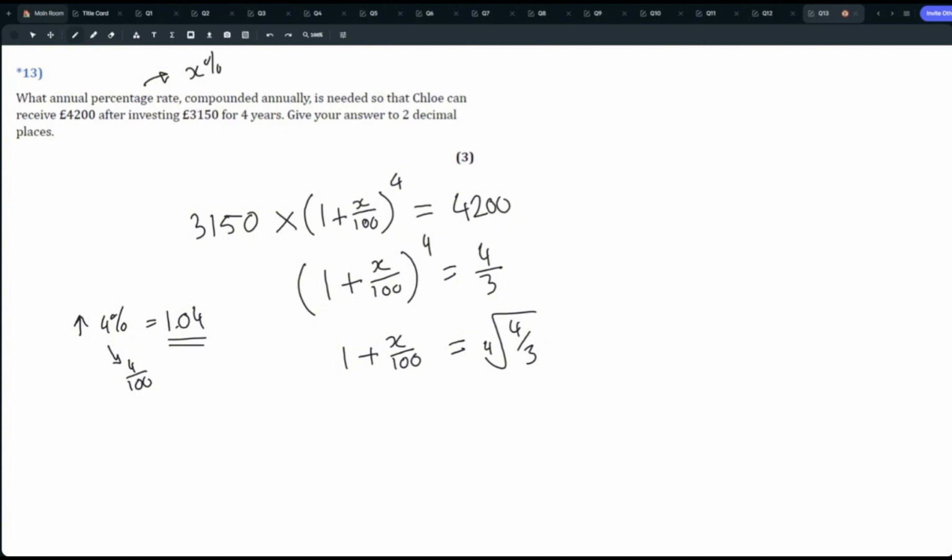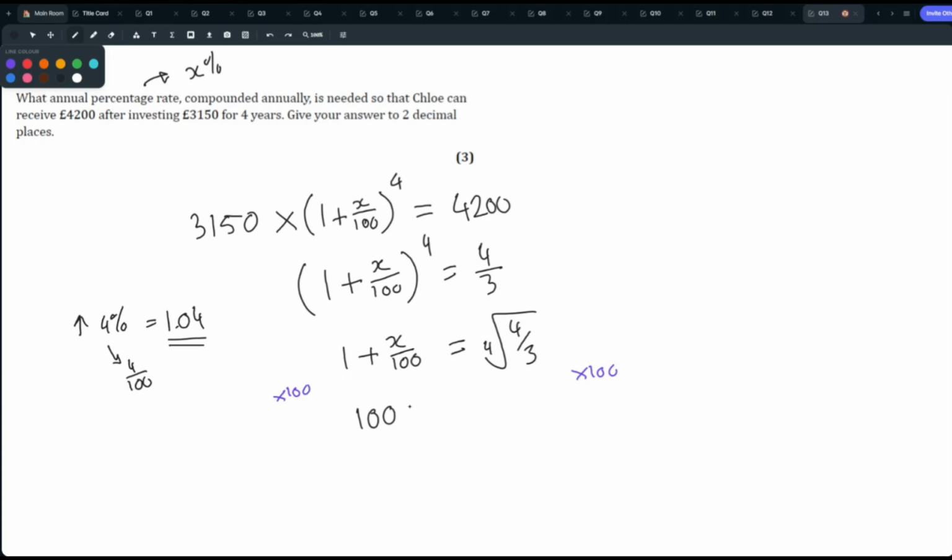You can 4 root, of course, but I'm just going to times out the 100. So whatever I do to one side, I do to the other side. And I am also going to 4 root the 4 over 3. So times out the 100, remember if we do that, this 100 will affect this number as well. So do be careful when you're solving, when you're timesing out.